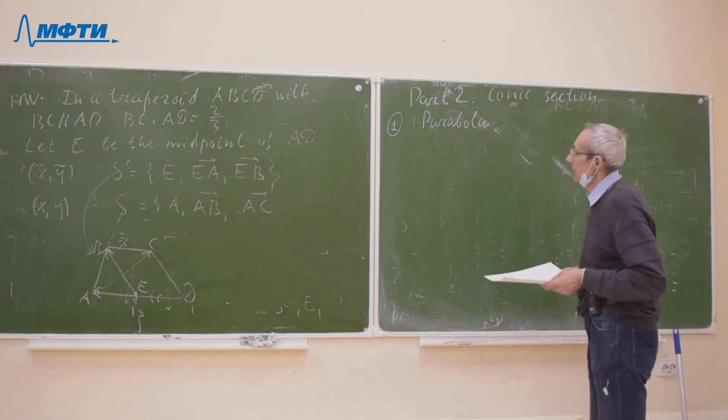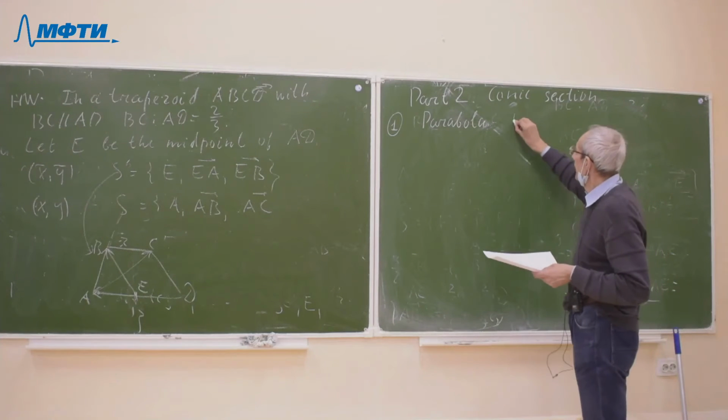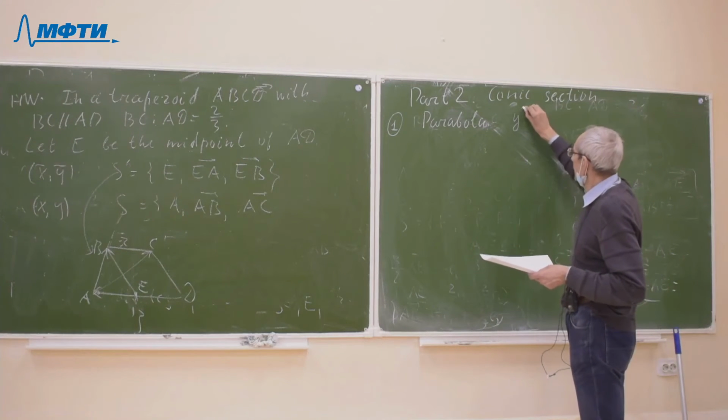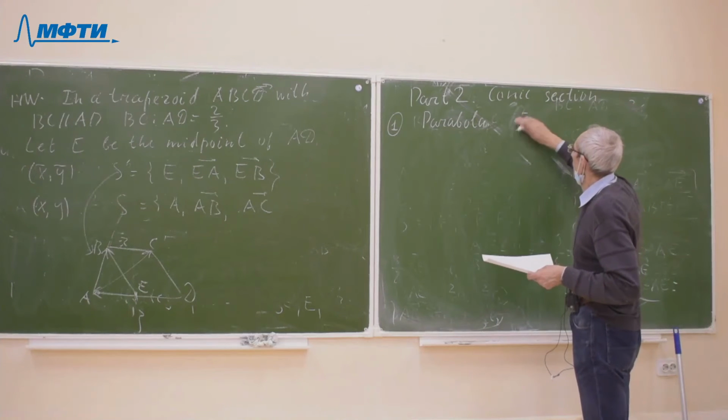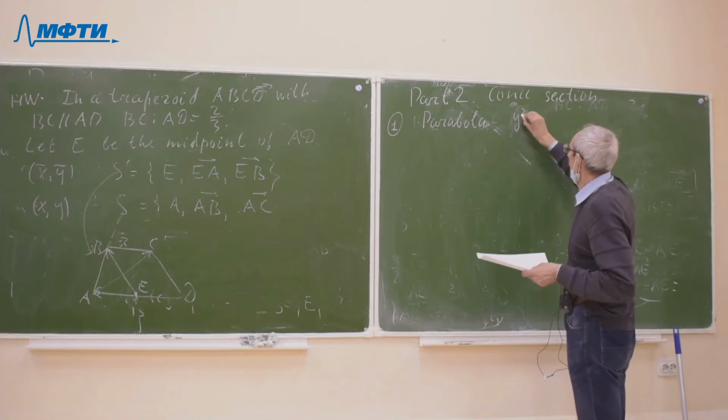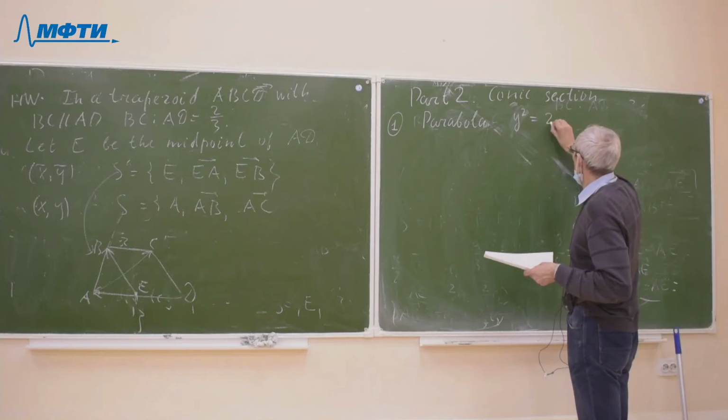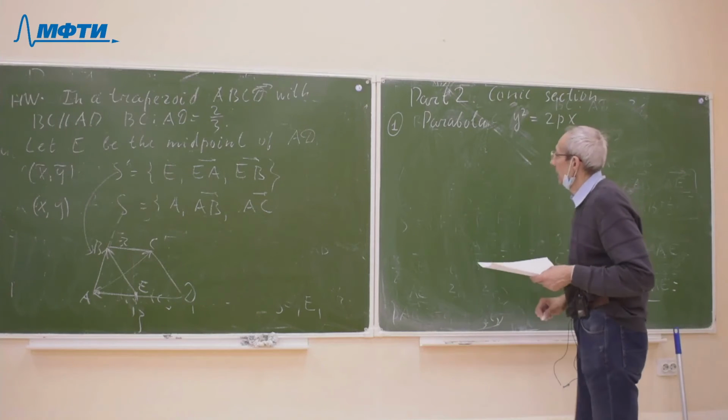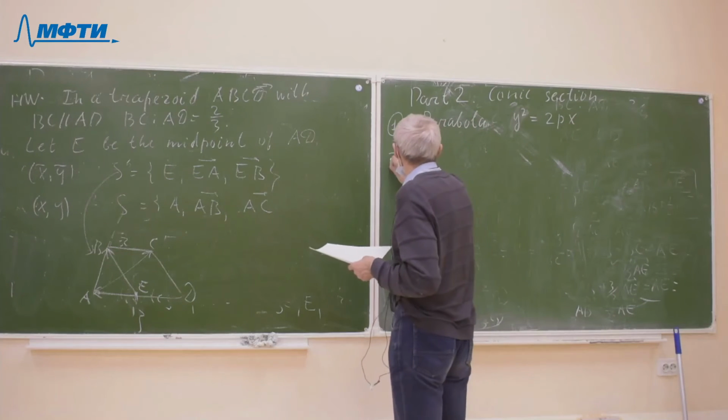This formula was obtained in the last lecture: y squared is equal to 2px.